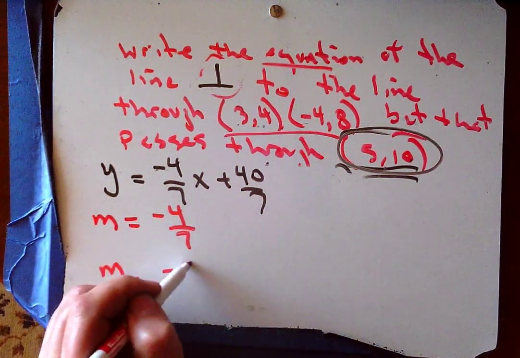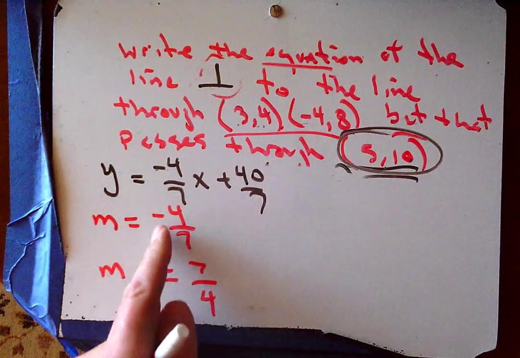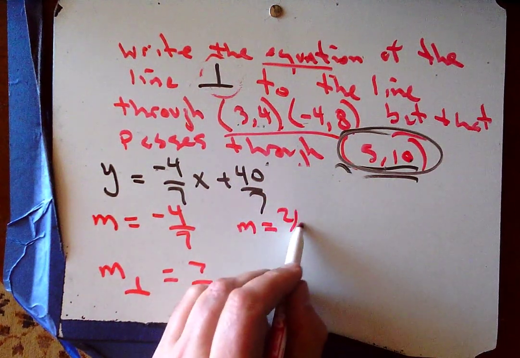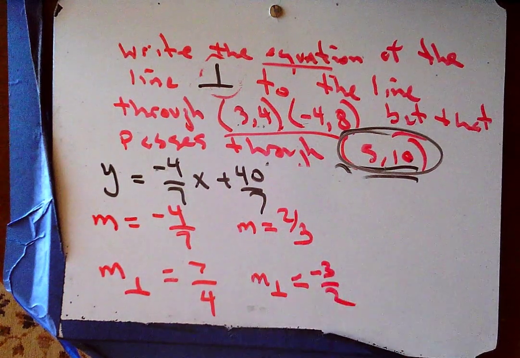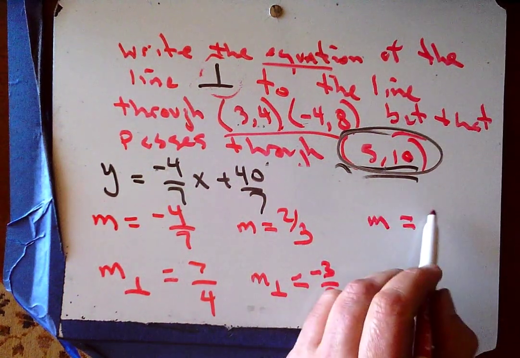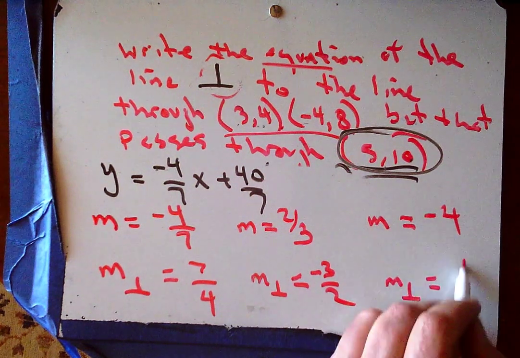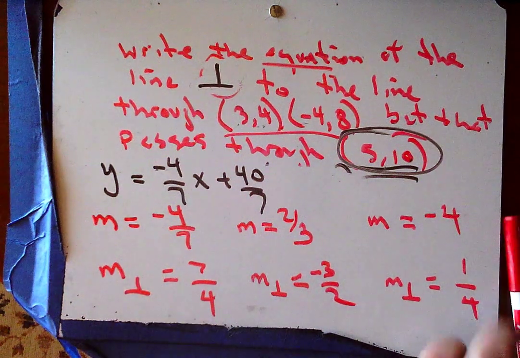I have to change the sign, so positive 7/4. So remember, we flip and we change the sign. Okay, if my original line had a slope of 2/3, my perpendicular line would be negative 3/2. And if my original line was negative 4, then my perpendicular would be positive 1/4. Okay, so I've got to flip and change the sign.